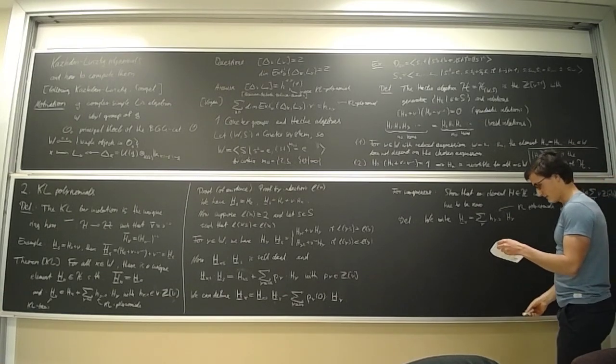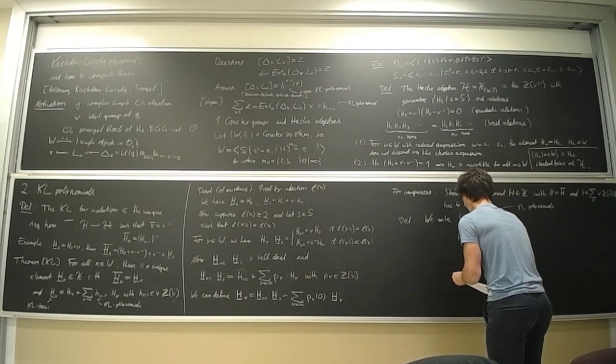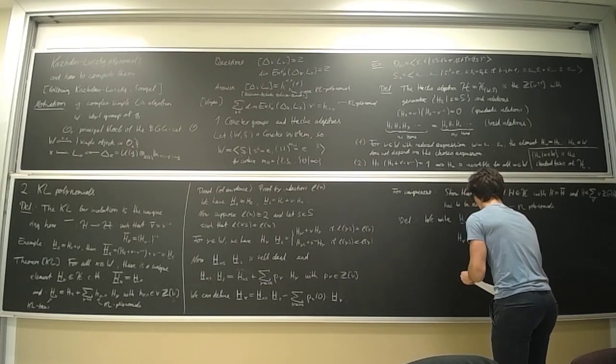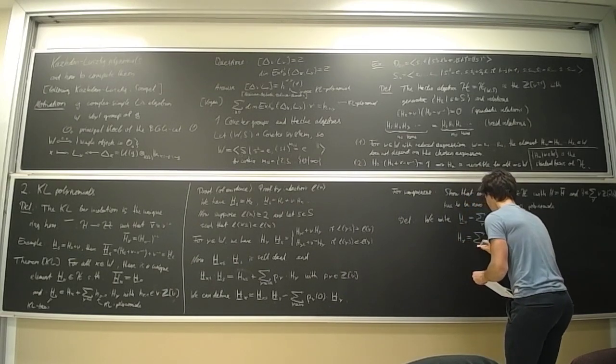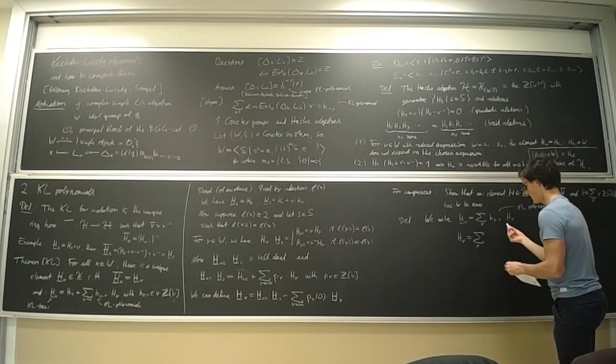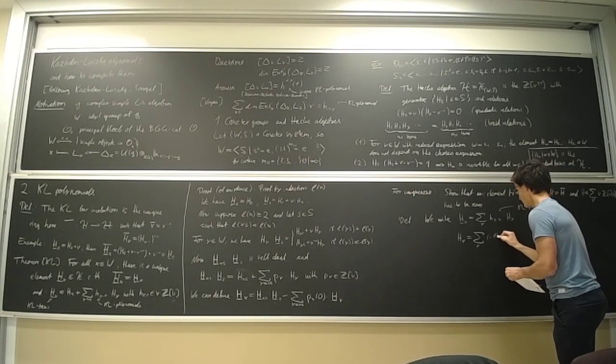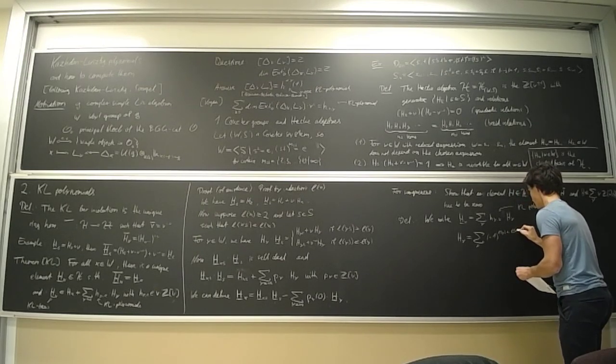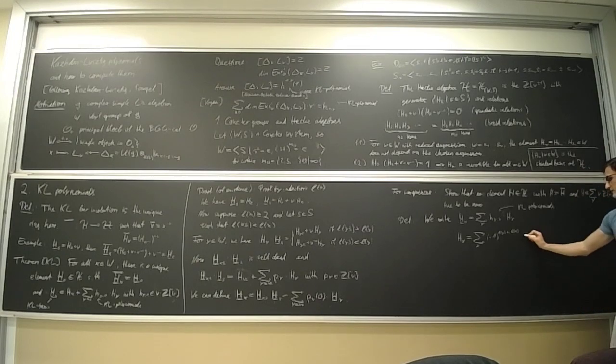So you get them by writing the standard basis element H_y as a linear combination of the Kazhdan-Lusztig basis, except you introduce a sign which depends on the lengths of y and x. So it's (-1) to the length of y plus length of x.